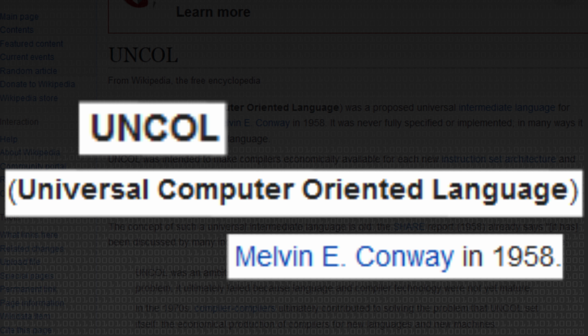The forlorn hope was that it might emerge from all those doing compilers that there would be one superbly capable intermediate language which every single compiling system in the world could subscribe to and be happy with its facilities and so on. So the search for the UNCOL solution. Predictably, it doesn't work like that. There's always enough difference in architectures, and maybe even today, that it is not easy to have a one-size-fits-all.